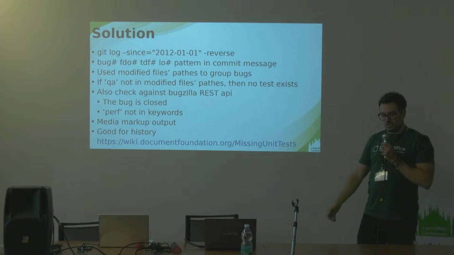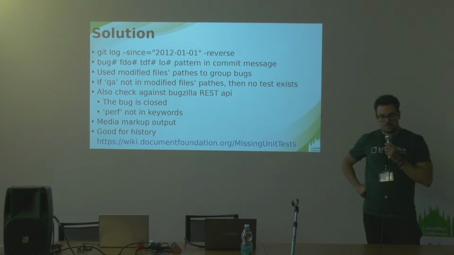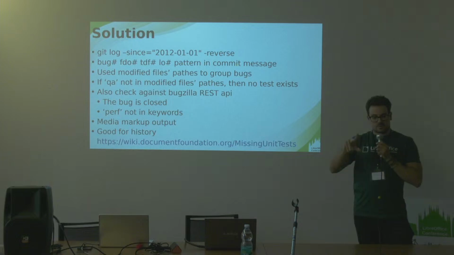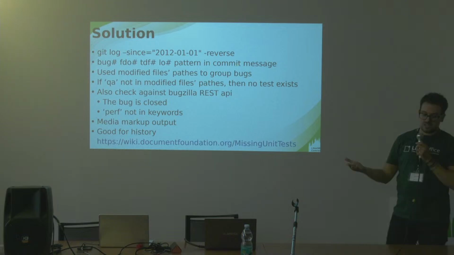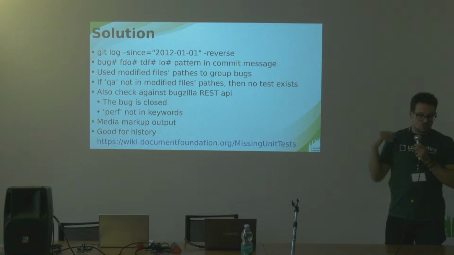Because sometimes the fix and the test covering it are in the same commit, but sometimes they are not, and we have one after the other. We have the fix, and then the unit test, or we may have the fix, and after two weeks or a month, we have the unit test.